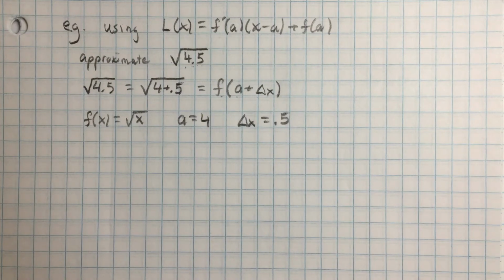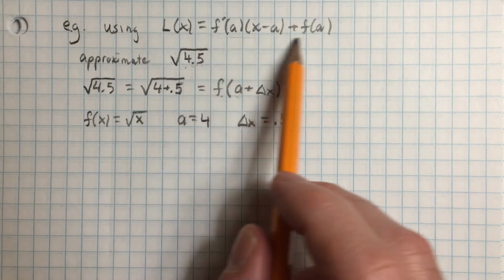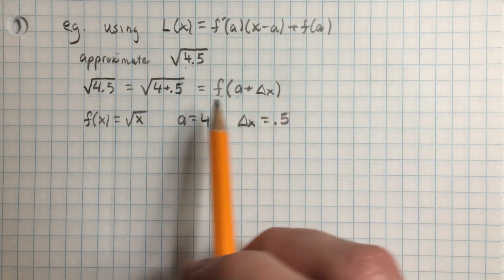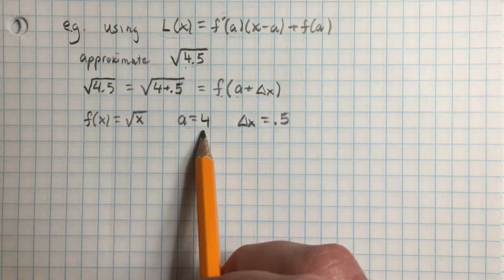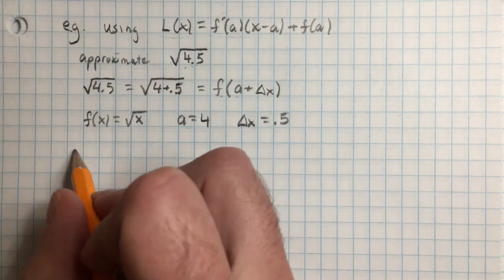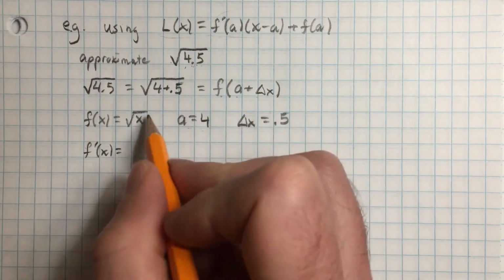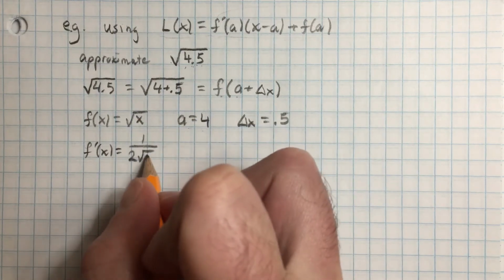All right, so now we'll just construct the tangent line, basically. We'll just construct the tangent line, again, special notation, but all it is is a tangent line to the root function at 4. All right? So I need the derivative, so f prime of x should be, using a 1/2 power here, 1 over 2 root x.